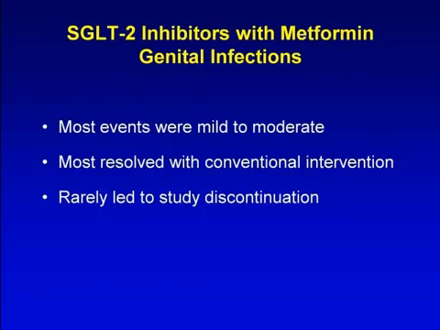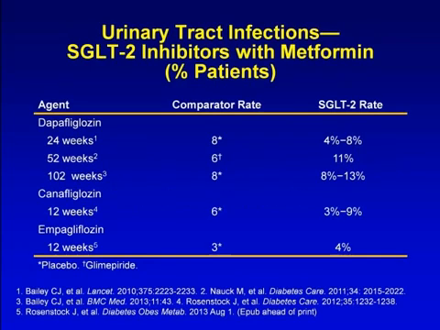A key question, though, is does that lead to an increase in true urinary tract infections, particularly upper urinary tract infections such as pyelonephritis? This slide shows the rate of urinary tract infections in patients treated with SGLT2 inhibitors in combination with metformin. And the comparators were either placebo or glimepiride, depending on the study.